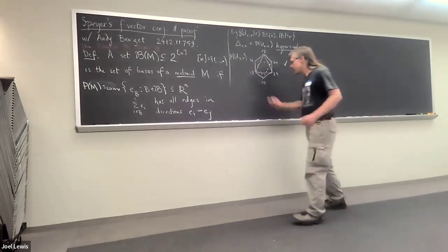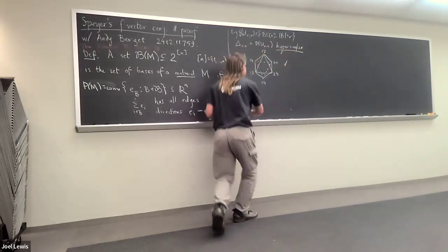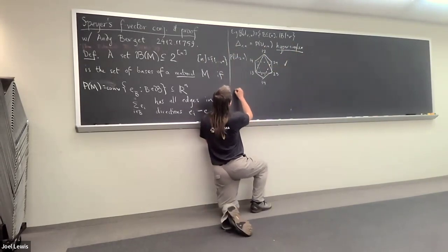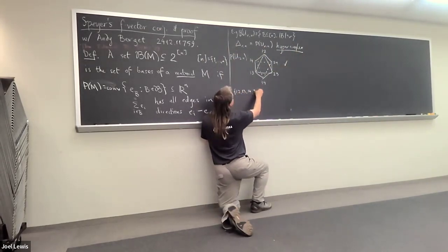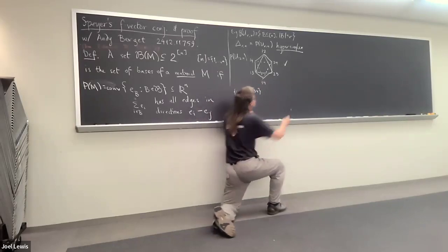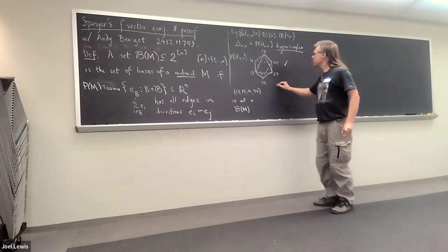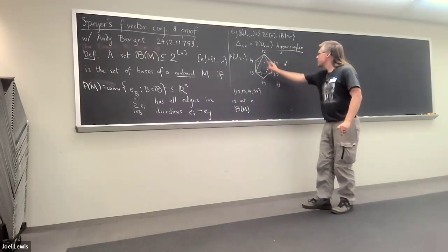Right? The kind of thing that is bad is if I have like 12, 13, 14, 34. That is not a set of bases of a matroid. Because you can tell this in this polyhedral model while I'm using a subset of these vectors.